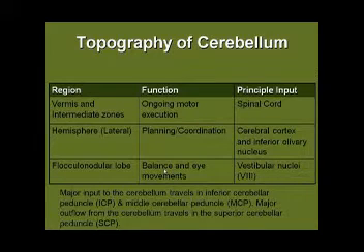Next point that's made at the bottom of the slide is how does input get into and get out of the cerebellum? Input and output of the cerebellum utilizes three pairs of cerebellar peduncles. There are a pair of inferior cerebellar peduncles that mainly arise from the medulla, carrying input into the cerebellum from the spinal cord and the olive.